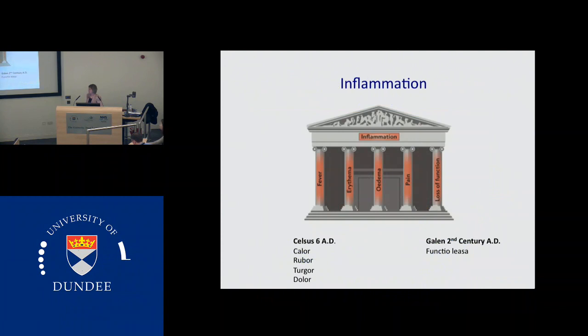So my research interest for the last more than 20 years has been in the process of inflammation, and it's something we learn about very early on in medical school, and we're reminded as a bit of history amongst our lecturers that the process of inflammation was described 2 millennia ago by Celsus, looking at the effect on the skin of having a thorn inserted, and he described the process of inflammation as resulting in calor or heat, rubor, redness, turgor, swelling, dolor, pain.